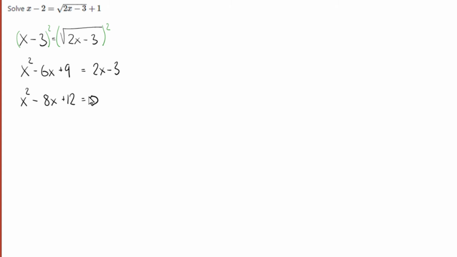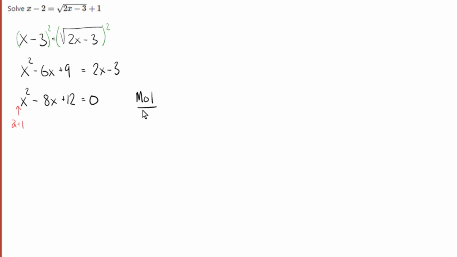At this point, we have a trinomial where the numerical coefficient in front of the x squared term is a equals 1, which means that we can use the method of inspection to factor it.